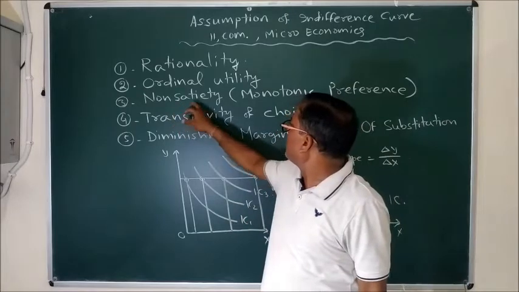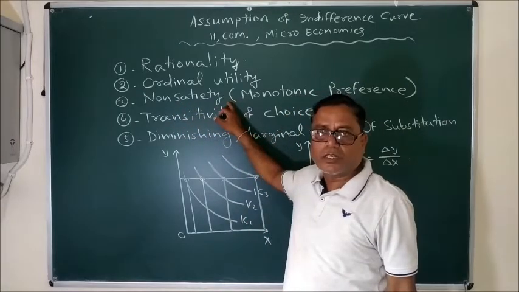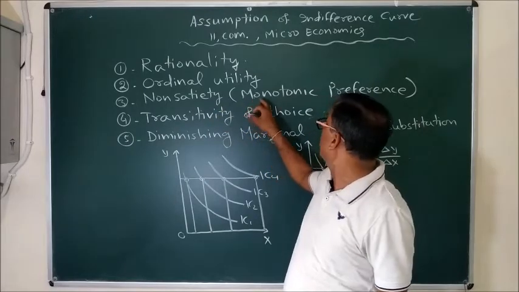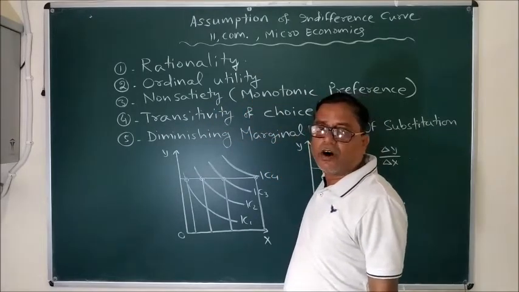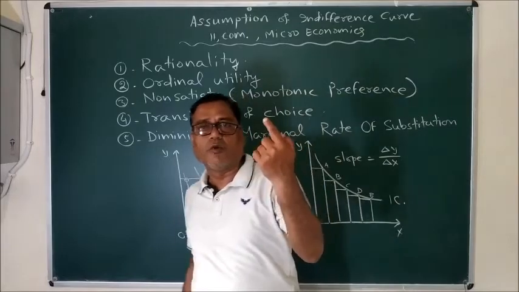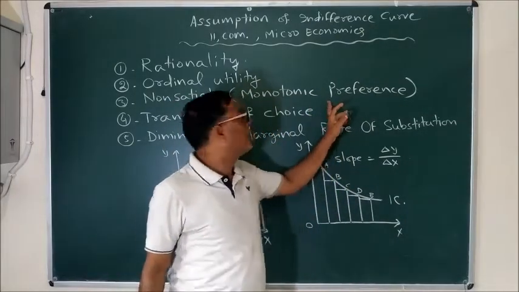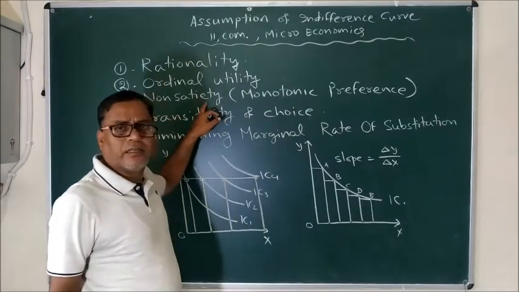The third point is non-satiety. In this point we will discuss and understand monotonic preference. Often you will get a 1 mark question about what monotonic preference is. But before that, what is non-satiety?